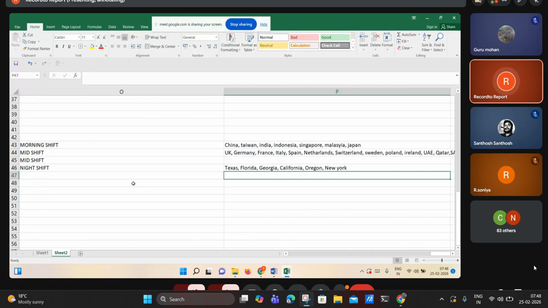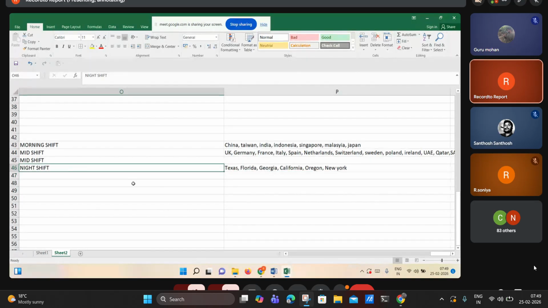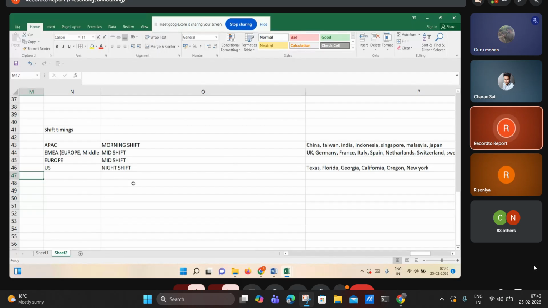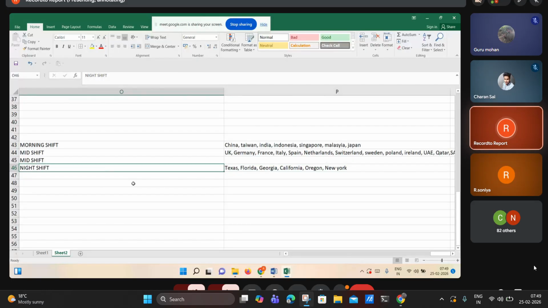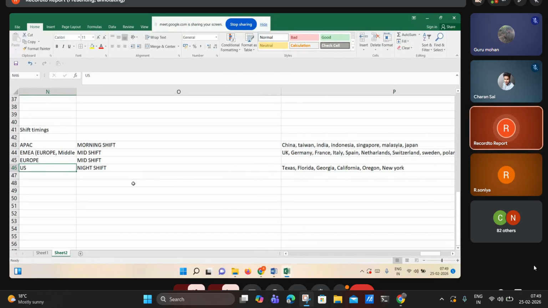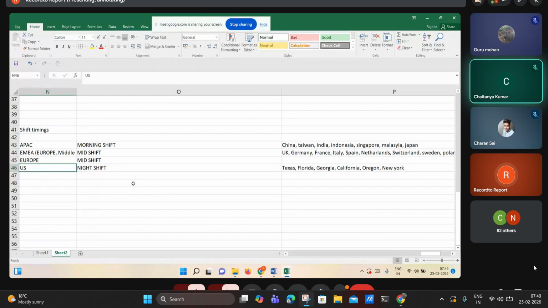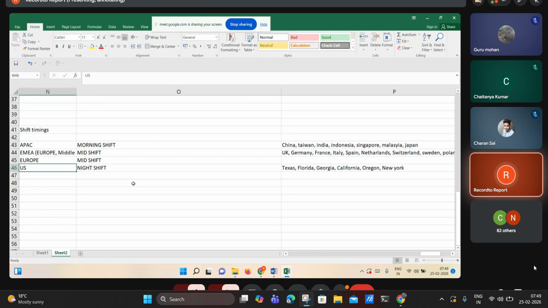If you tell India, is it a right answer, guys? No. You are working night shift, so which region are you supporting? I'm supporting the US region. Which state in the US? If you tell India, is it a correct guess? No. You need to tell California, Texas, New York, or any state.